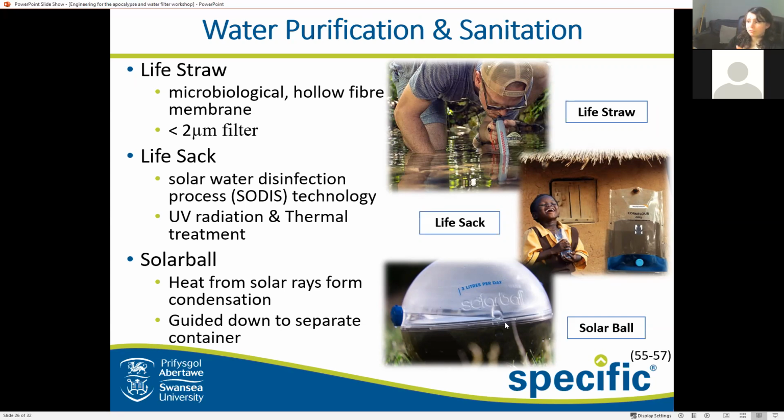And then we have one of the simpler methods, but potentially just as effective, which is the solar ball. This design is capable of using solar rays to purify water.